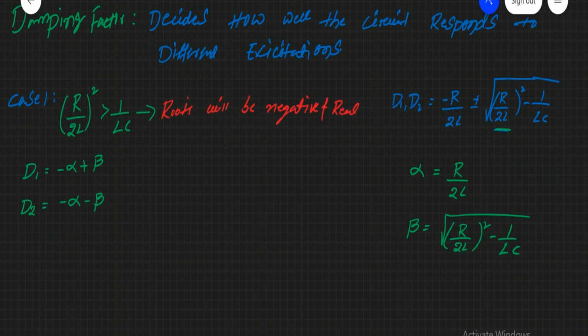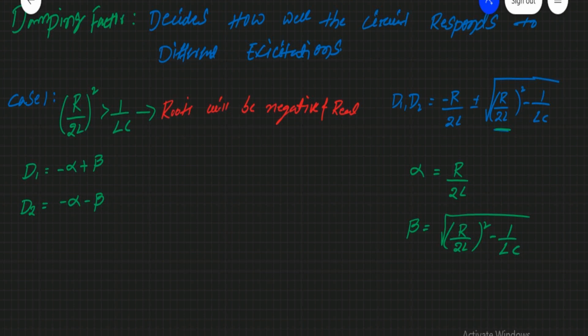Here you are going to get real roots, because under the root you don't have any negative value. If you had a negative under the root, you would get imaginary roots. But here the roots are negative and real, D1 is equal to minus alpha plus beta, and D2 is equal to minus alpha minus beta.